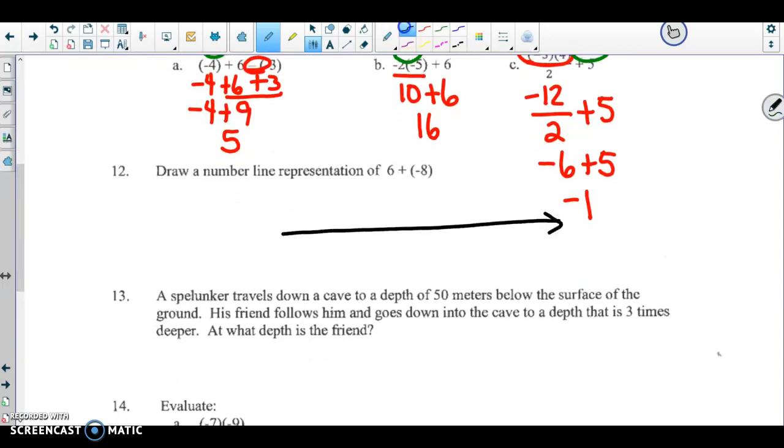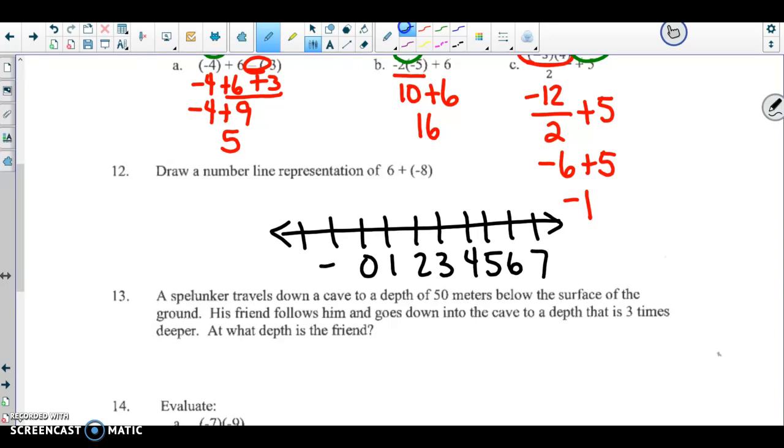So I'm going to draw my number line here. So we're going to have 0, 1, 2, 3, 4, 5, 6, 7, negative 1, negative 2. I might need it bigger, hopefully not. So I start out at 0 and I go 6.